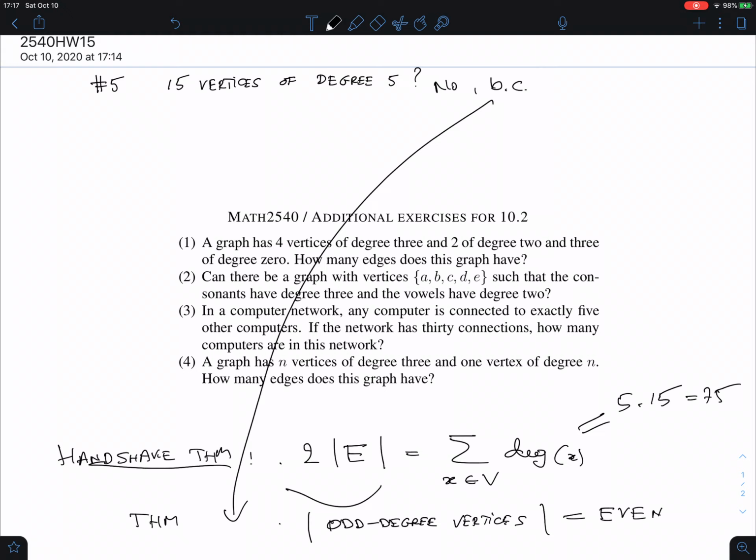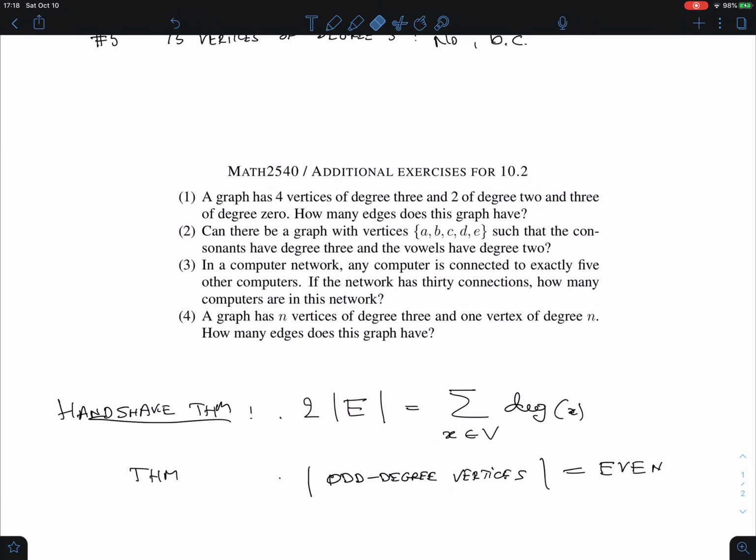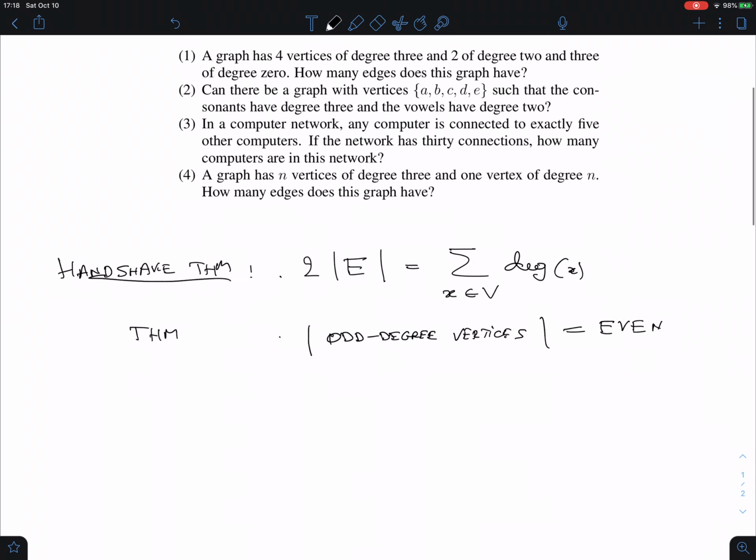Okay, so let me get rid of a little bit of this here, because I now want to solve the other problems. A graph has four vertices of degree 3, 2 of degree 2, and 3 of degree 0.